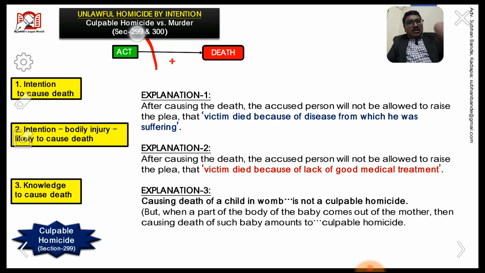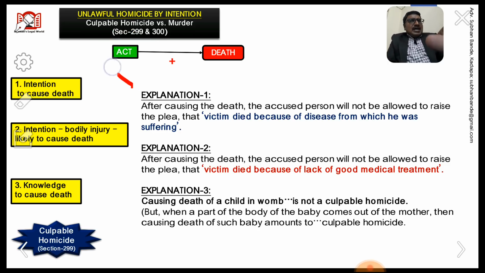Here the word act includes omissions also. See section 32 of the Indian Penal Code, it says the acts include both commissions as well as omissions. Through illustrations we can also differentiate the commissions and omissions under this part.